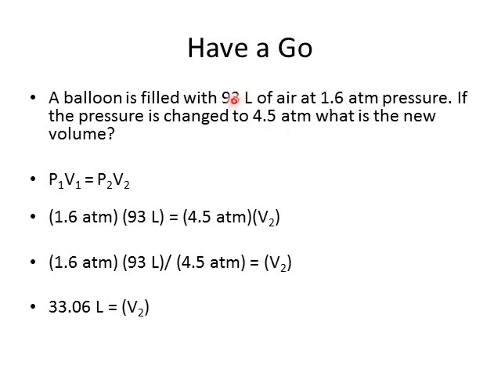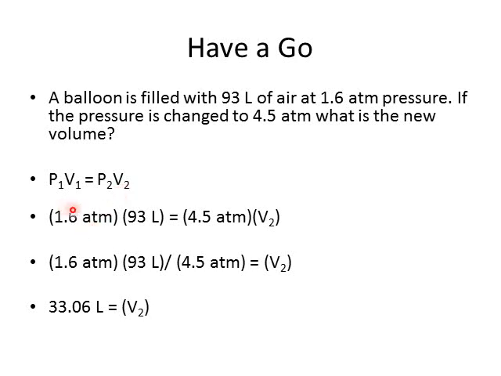For example, 93 litres, which is a volume, and the 4.5 atmospheres is not a pair, because what we're looking at here is a pressure change and the new volume. So the new volume and the pressure change is the second pair. So for this example, I'm going to call the 93 litres and the 1.6 atmosphere pair P1V1, and the 4.5 atmospheres and the unknown volume P2V2.